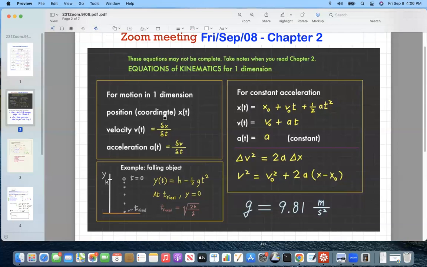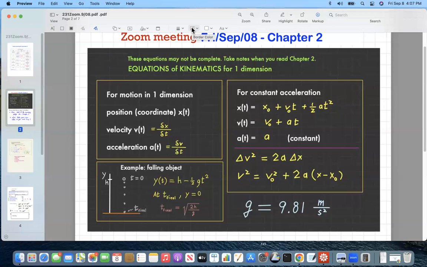Now, any mathematical quantity should have a unit of measurement. So as we saw last week, the standard unit of measurement for position is meters. The position is the distance from the 0 point on the number line. That can either be positive or negative. And that has to be measured in some unit of length.